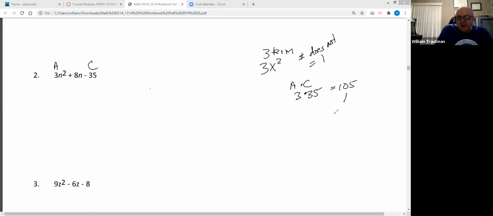So all the pairs that multiply to 105 are 1 times 105. The only numbers that divide into 5, I think, are 5. 5 times 21 is 105. Oh, I see another one.